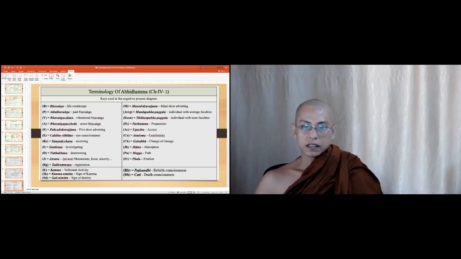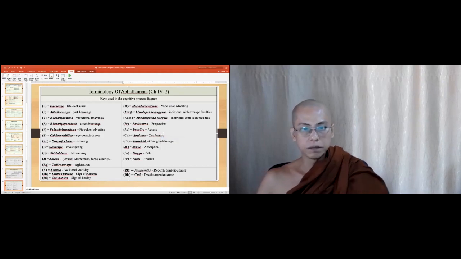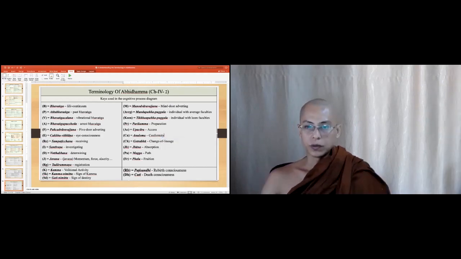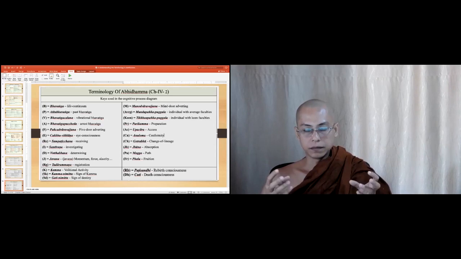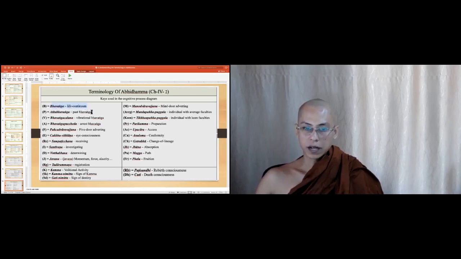Then these are the keys you will find in the mental process. When we study the specific cognitive process, there will be keywords representing some terms, some usage. So Bhavanga, etc. You can find in this way.